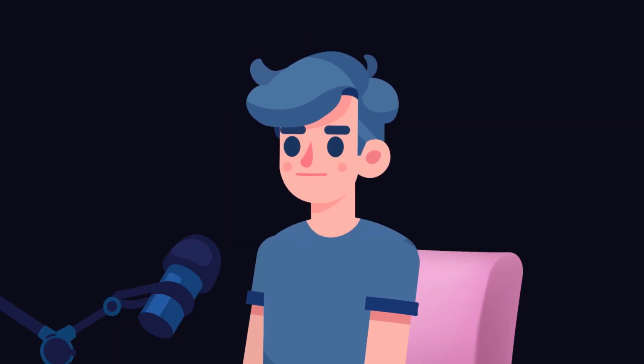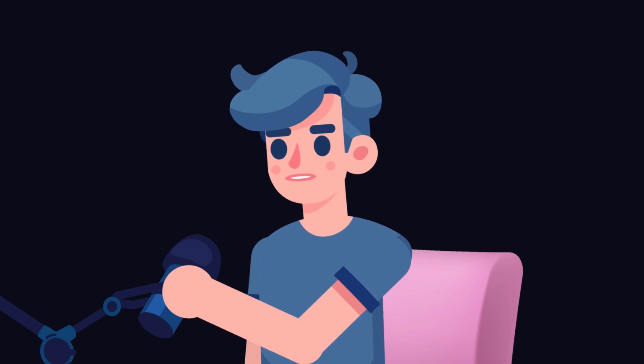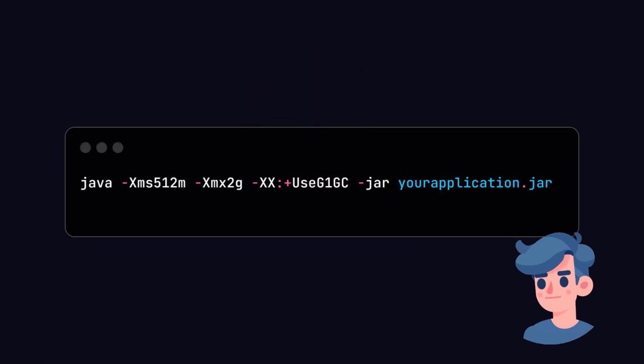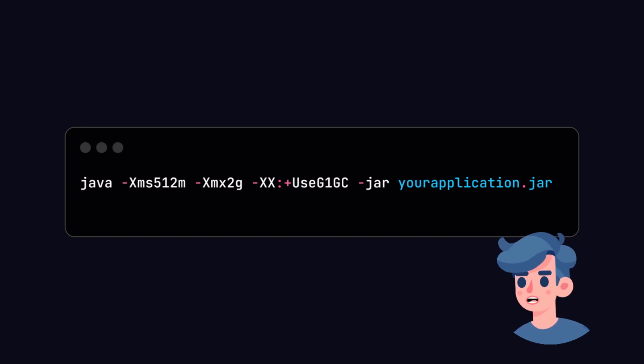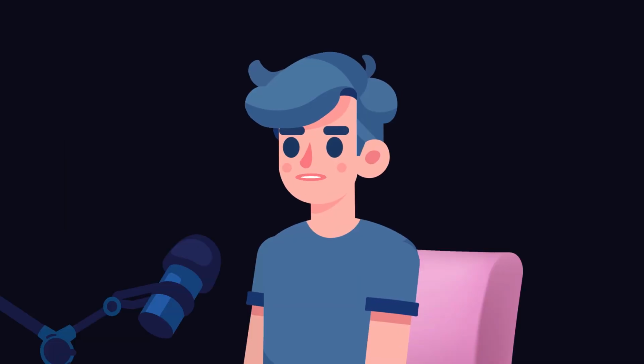Additionally, you can choose different garbage collectors by using -XX:+UseG1GC, for example, which enables the G1 garbage collector. For instance, if we were to set an initial heap size of 512 megabytes and a maximum of 2 gigabytes with the G1 collector, we would start your application like this. Monitoring the performance after making these adjustments can provide insights into whether the application is now utilizing memory efficiently.